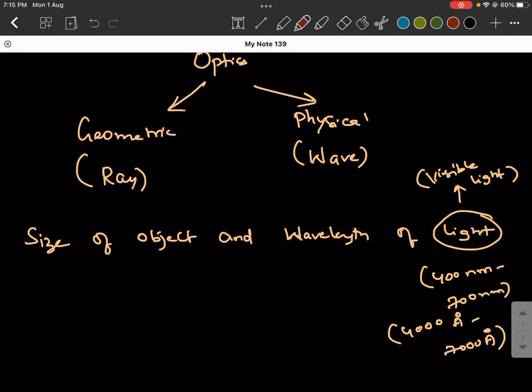If the size of the object with which light is interacting is very large compared to the wavelength of light, light is treated as a ray.